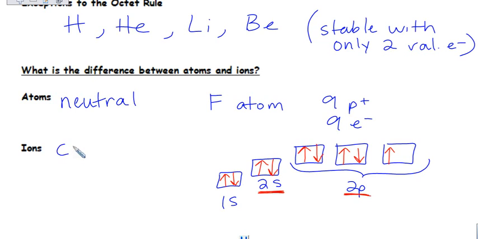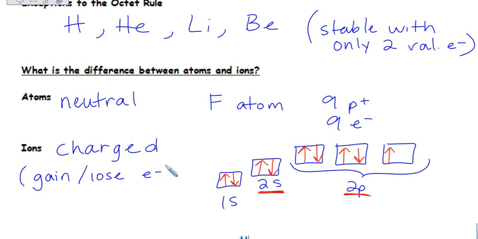Ions are charged. They become charged from gaining or losing electrons. We're either going to gain or lose electrons, and the goal would be to fill that outer energy level. So in the case of fluorine, he'd really like to gain one more electron. Fluorine's got this open spot right here. If fluorine could gain one more electron, think about the balance between the protons and the electrons.